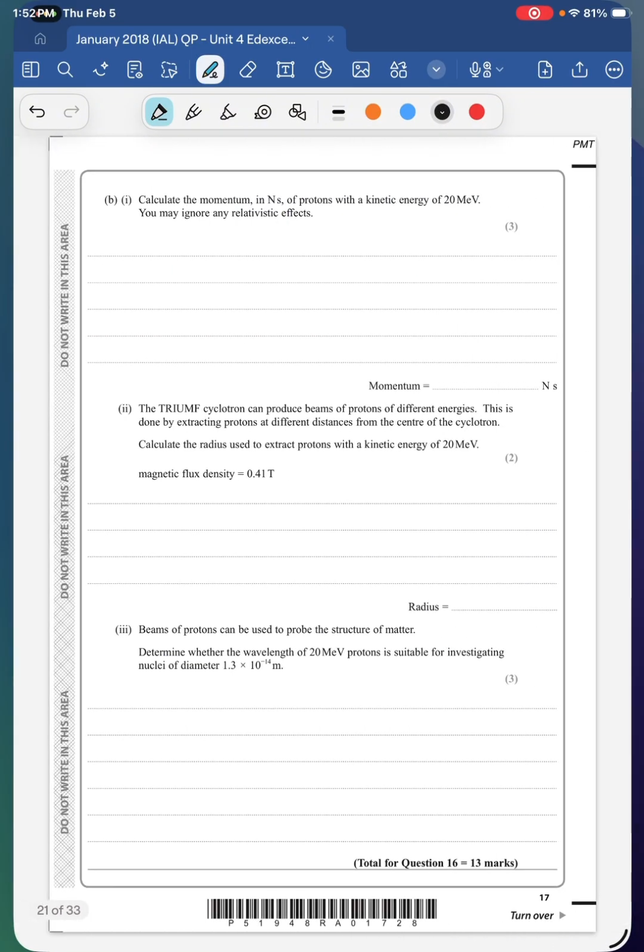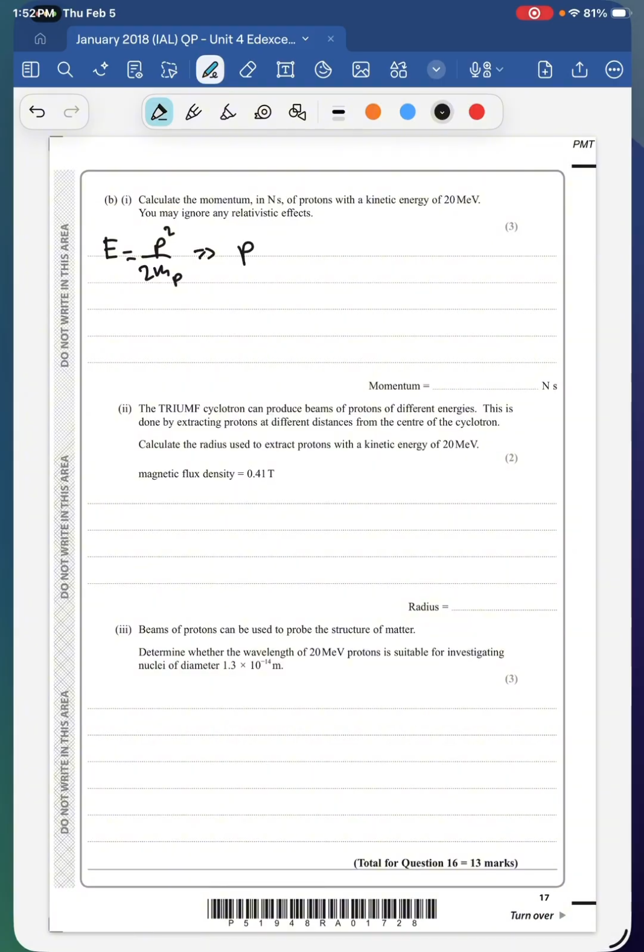All right. Part B, part 1. Calculate the momentum in newton seconds of protons with a kinetic energy of 20 MeV. You may ignore any relativistic effects. So E is p squared over 2m, where m is the mass of the proton.